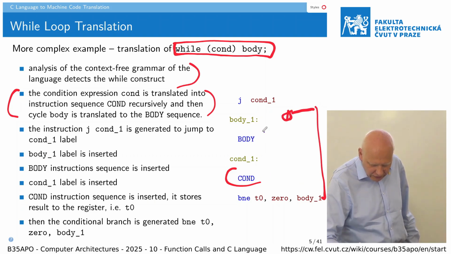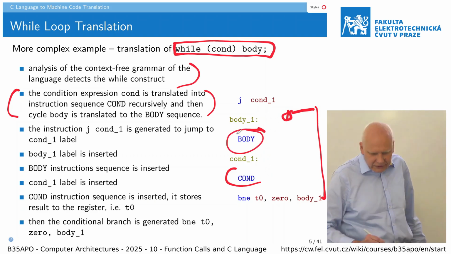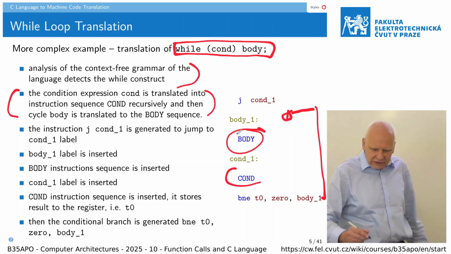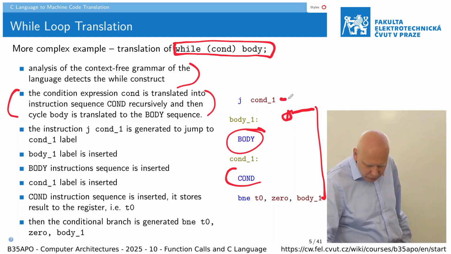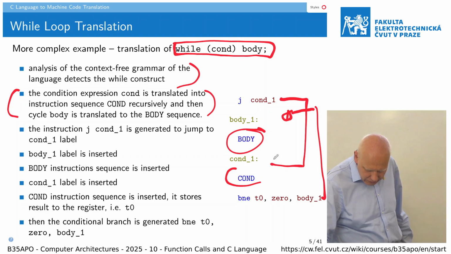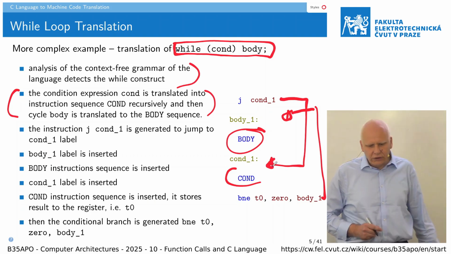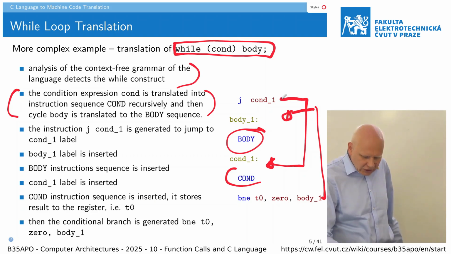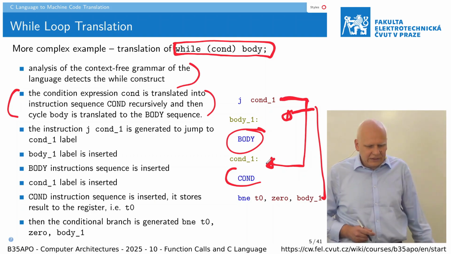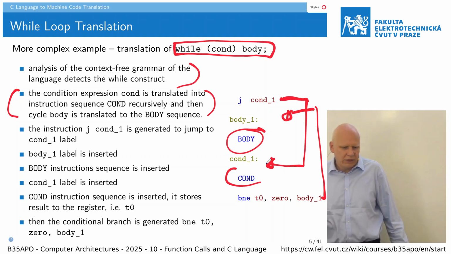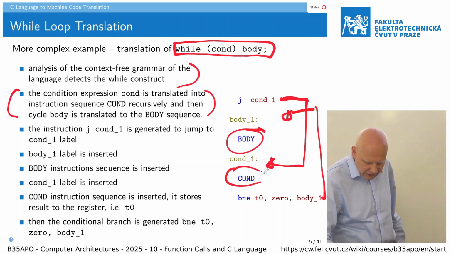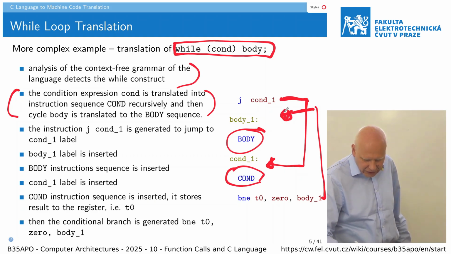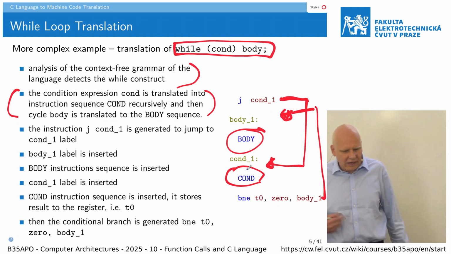Then there is some body of the cycle, and as the startup to this sequence of instructions, there can be used a jump into the middle of the loop before the condition testing. So this way we ensure that even the first run through the loop checks the condition. If it is true, then it branches back to the body and executes the body.